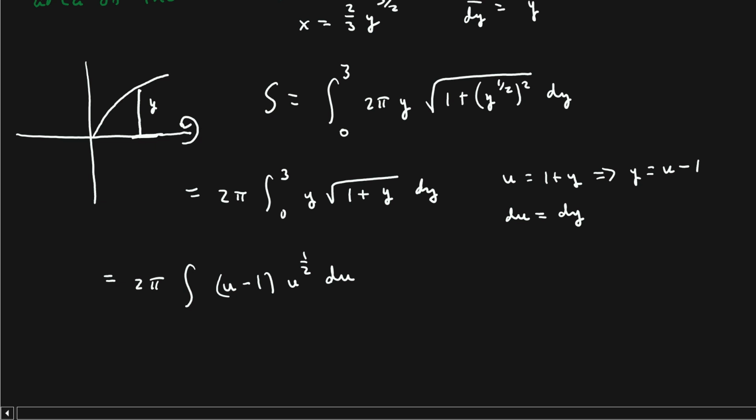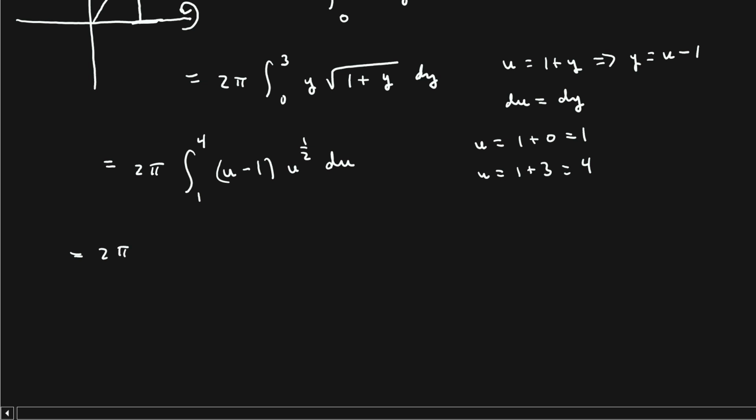And then we need to change our bounds also. So I'm going to take the 0 and the 3 and plug it into here to get u. So 1 plus 0 is 1, and u equals 1 plus 3, which is 4. So we're going from 1 to 4.